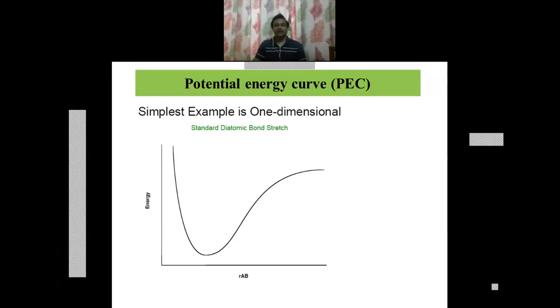Now I hope all of you are very familiar with this, and if you can recall the quantum chemistry class where we were discussing the Born-Oppenheimer approximation, I drew this curve and said this is a diatomic potential energy curve.